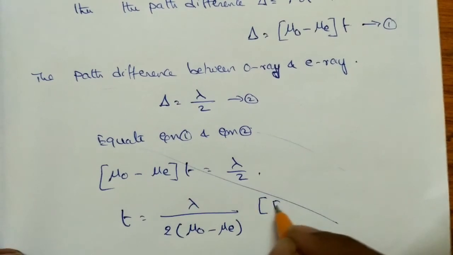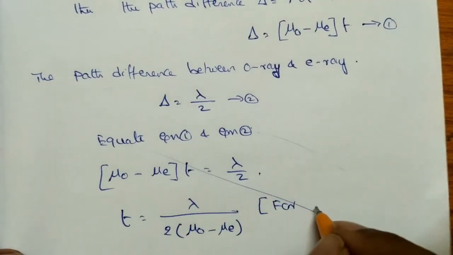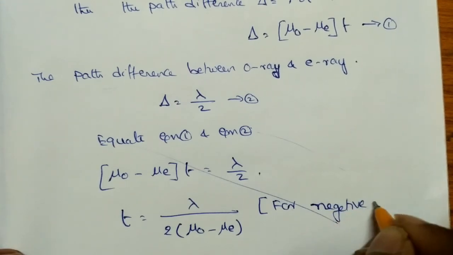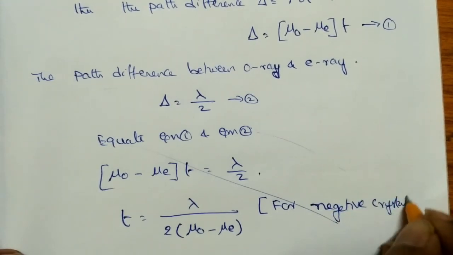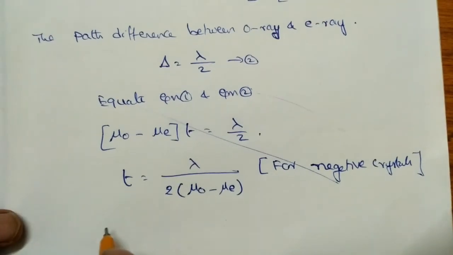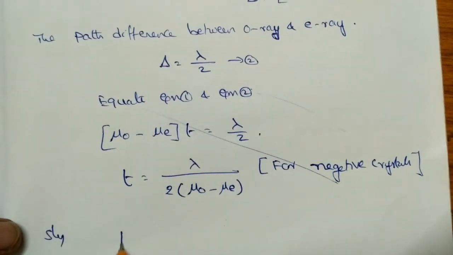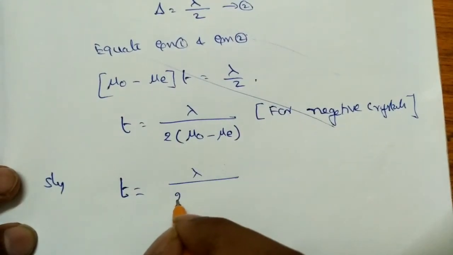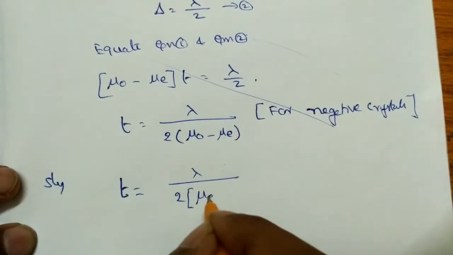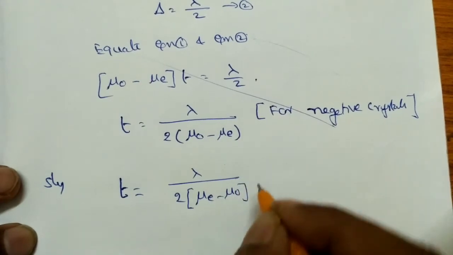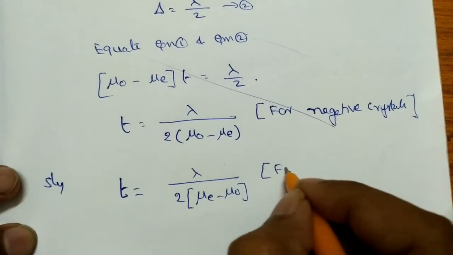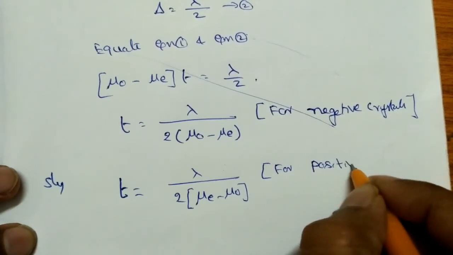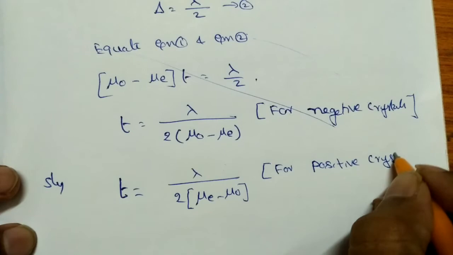This is for negative crystals. Similarly, the thickness t is equal to lambda by 2 into mu E minus mu O. This equation is for positive crystals.